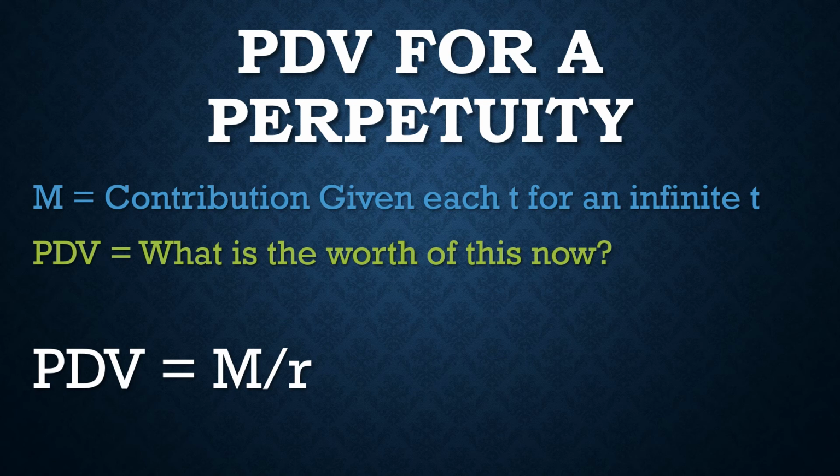So you get m times roughly 1 here. And what are you going to end up with? Well, just m divided by r. What's really cool with a perpetuity is it sounds like it would be a lot harder because it's an infinite number of time periods, but it actually ends up being even easier, where the present discounted value of this future payment stream for an infinite time horizon is just m divided by r.